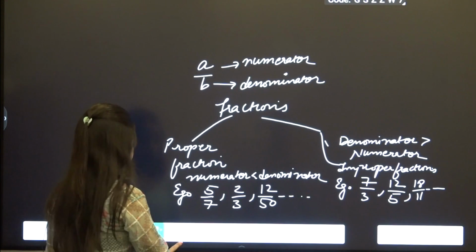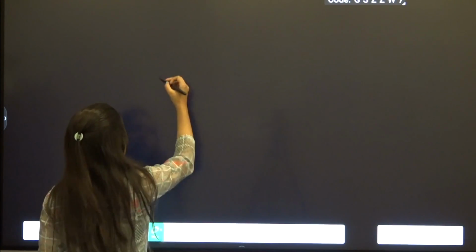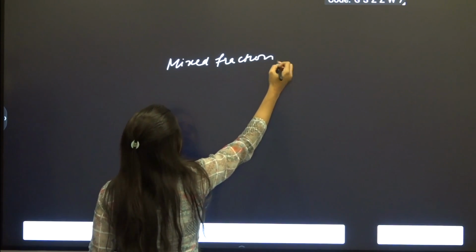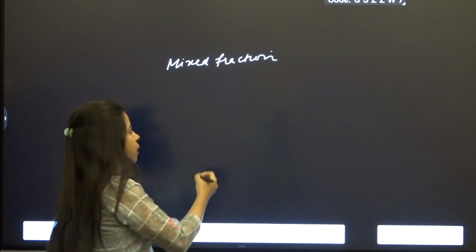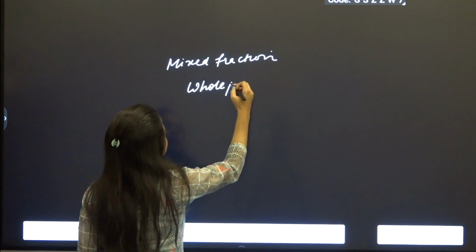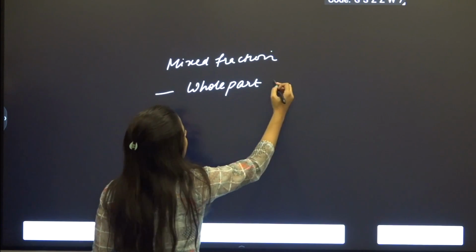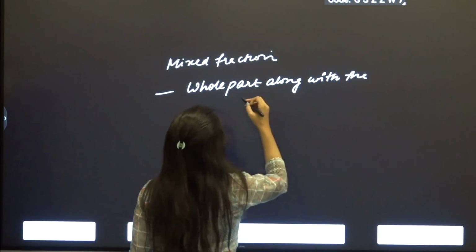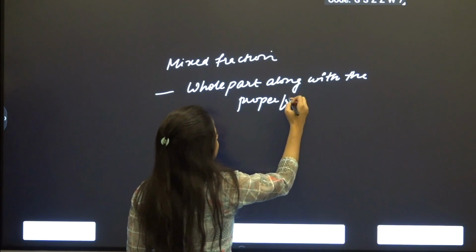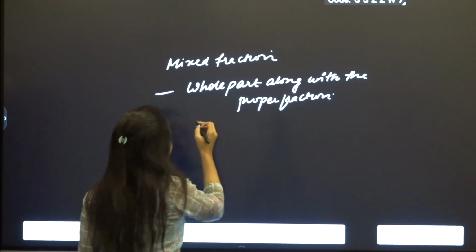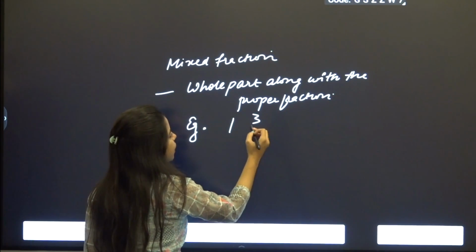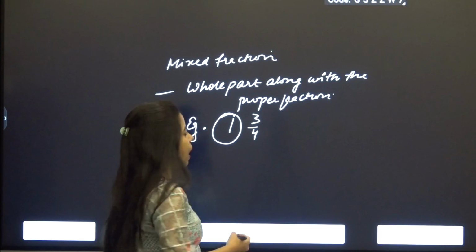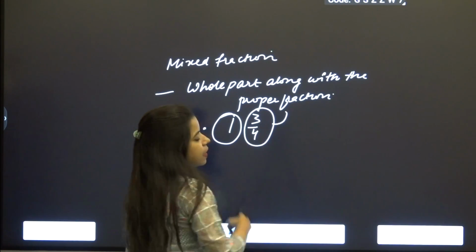Next is the mixed fraction. A mixed fraction is a fraction that consists of a whole part along with a proper fraction. For example, 1 3 by 4. Here 1 is the whole part and 3 by 4 is the proper fraction.